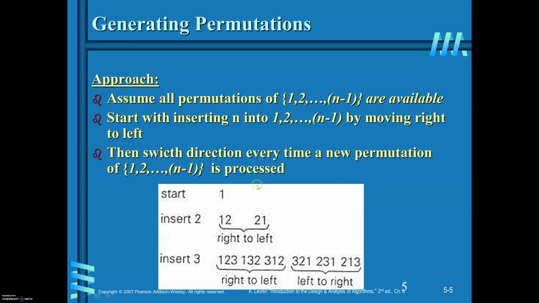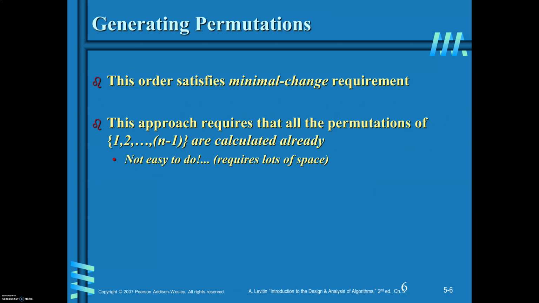So in general, assume all permutations of 1, 2 up to n-1 are available, then you insert the nth element in the n positions from left to right, then switch direction every time a new permutation of 1, 2 up to n-1 is processed. So this is how you can find n factorial.